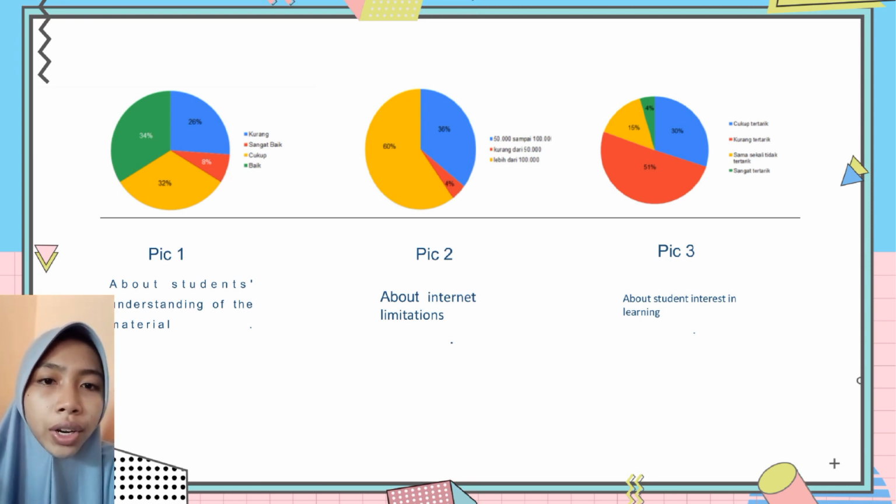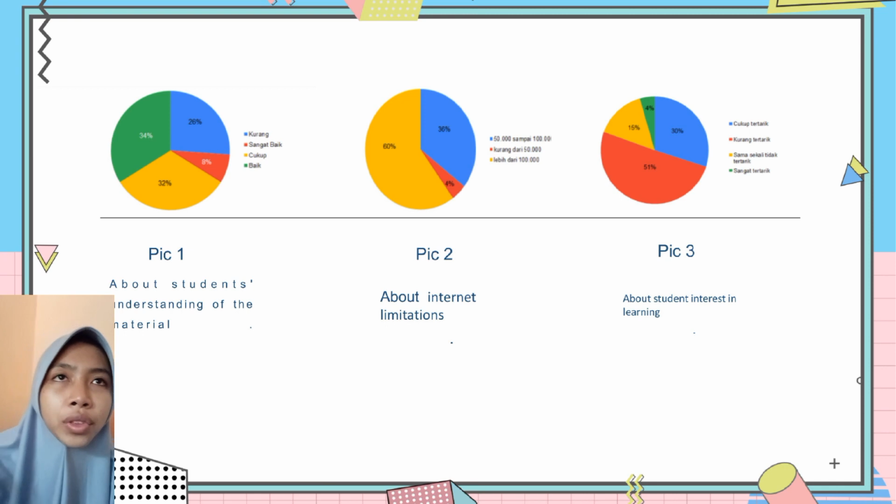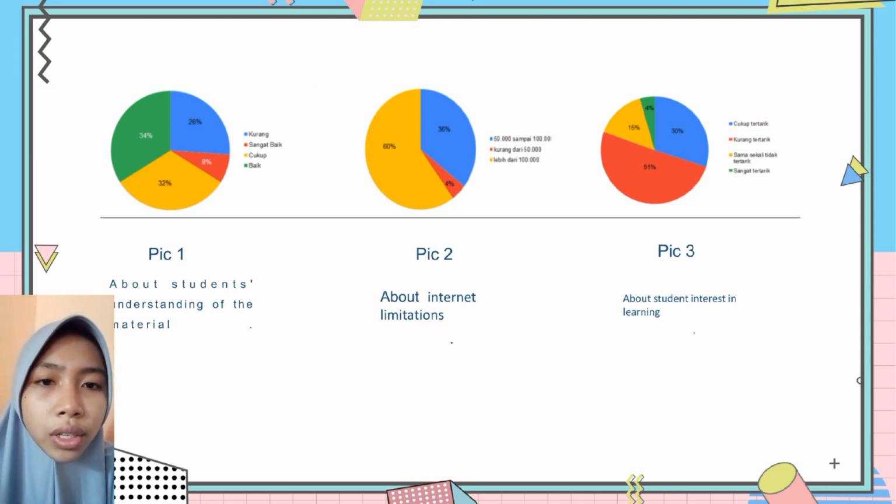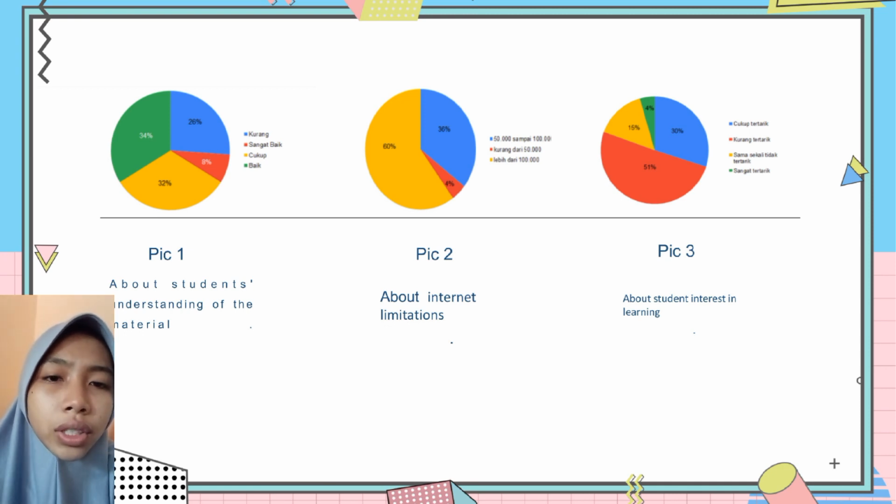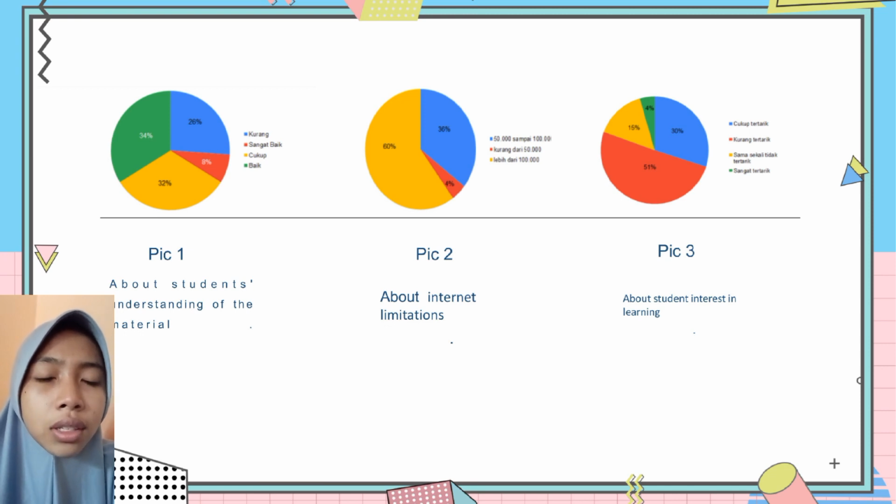Based on the diagram above, most of the 8th graders out of 1008 respondents, first, rated the interaction of teachers and students during learning as good. The second, regarding the allocation of funds for internet quotas, they spend more than 1,000 per month. Third, students' interest in following distance learning is low.